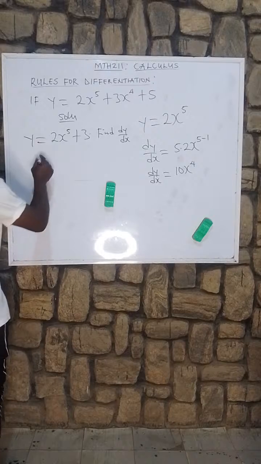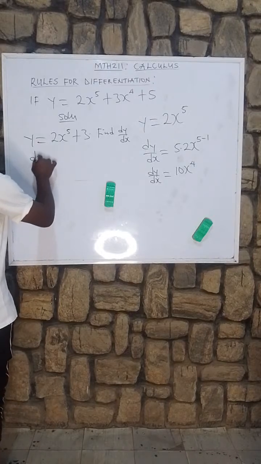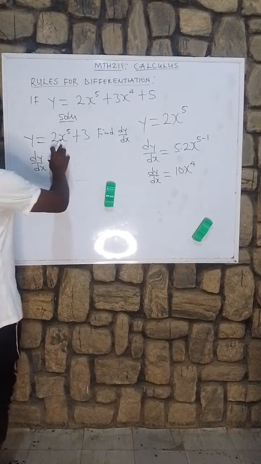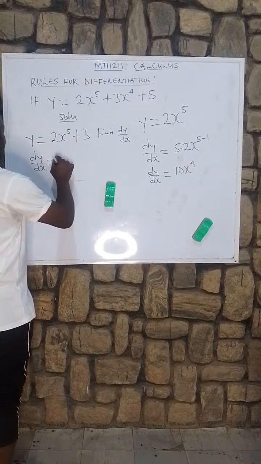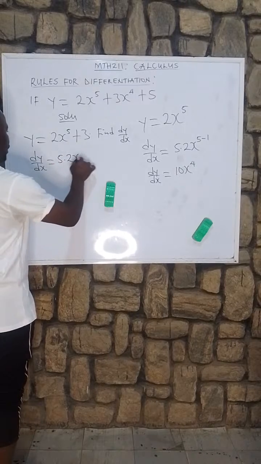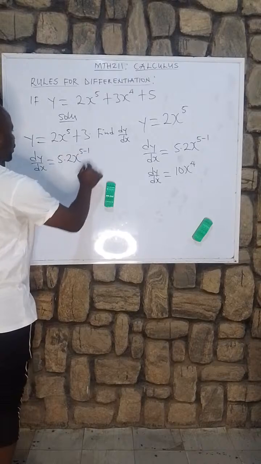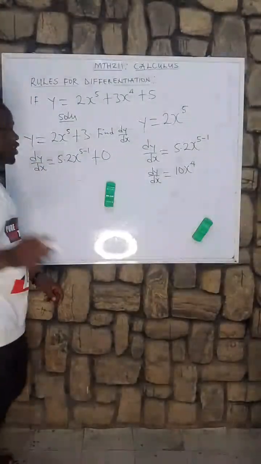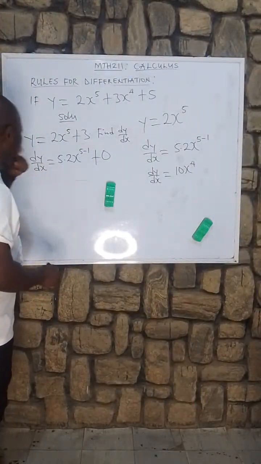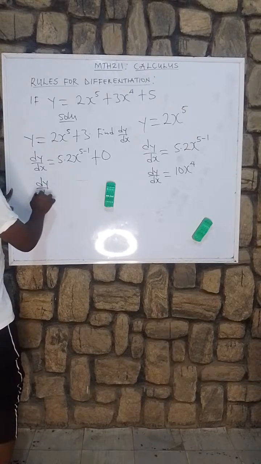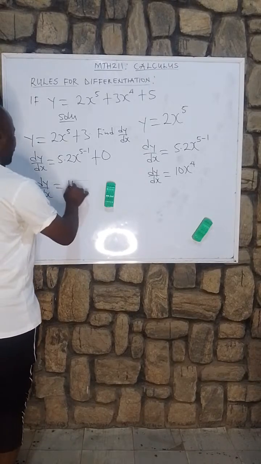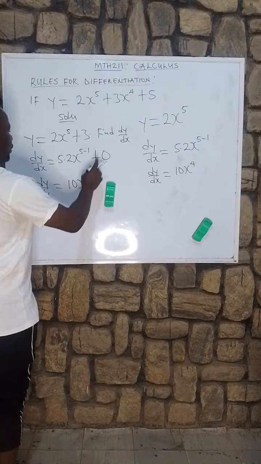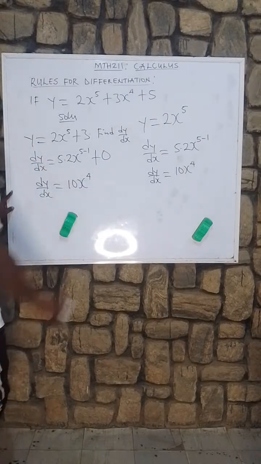Take note. So here, dy all over dx is equal to, we apply the same approach, 5 times 2x raised to the power of 5 minus 1, then plus, this is a constant, plus what? 0, because whenever you differentiate a constant, it is 0. So therefore dy all over dx is equal to 10x raised to the power of 5 minus 1 is 4. Plus 0 is not necessary. You leave it like this.